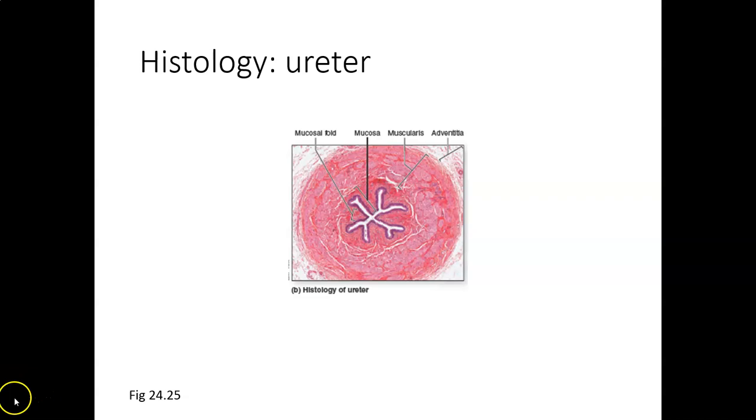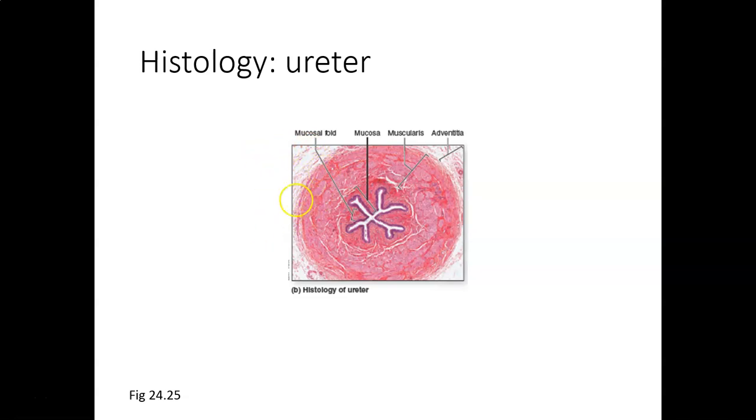In terms of the other tissue we are going to look at, it is the ureter. So if you recall, the ureter is this muscular tube that drains the urine from the kidney to the urinary bladder. The ureter facilitates the movement of the urine by sequential contraction of the smooth muscle layer.